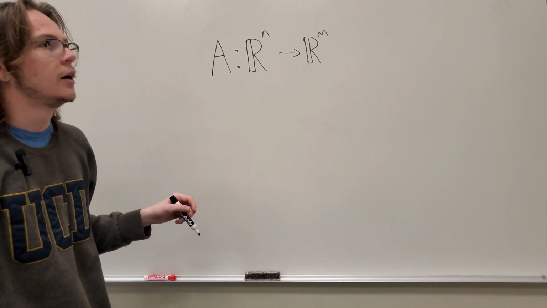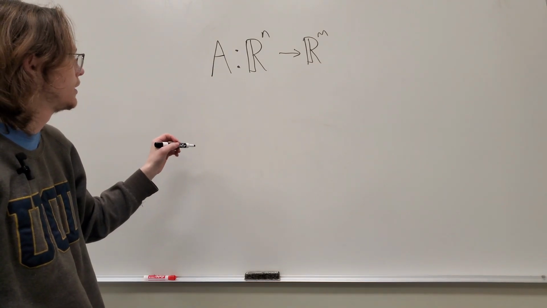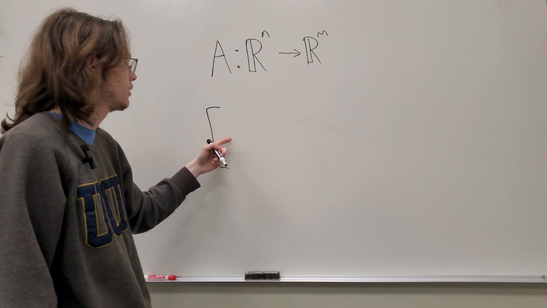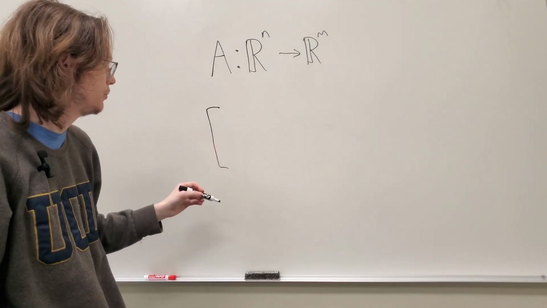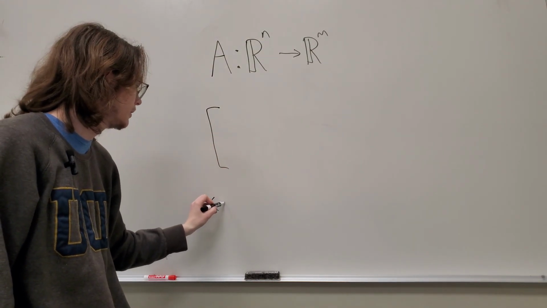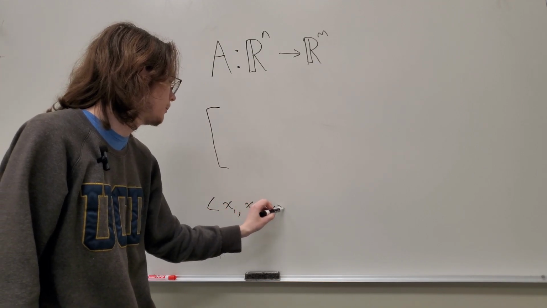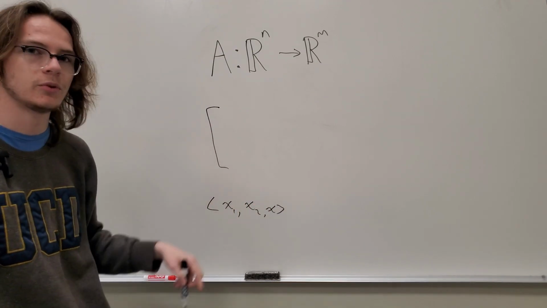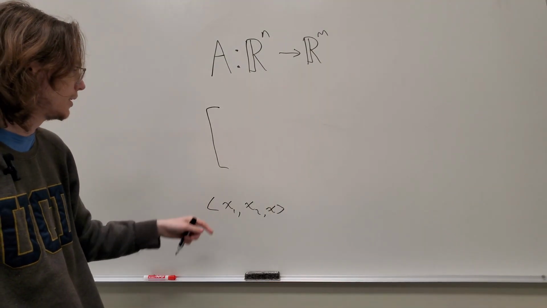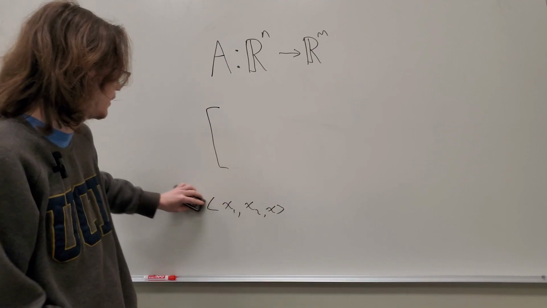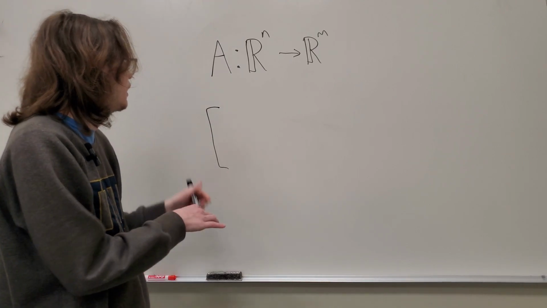So for example, you might see some vector. I'll use this notation. You may see vectors denoted like this. Both of these are acceptable notations, whether you've got the sharp edges, the greater than, less than, or square brackets.